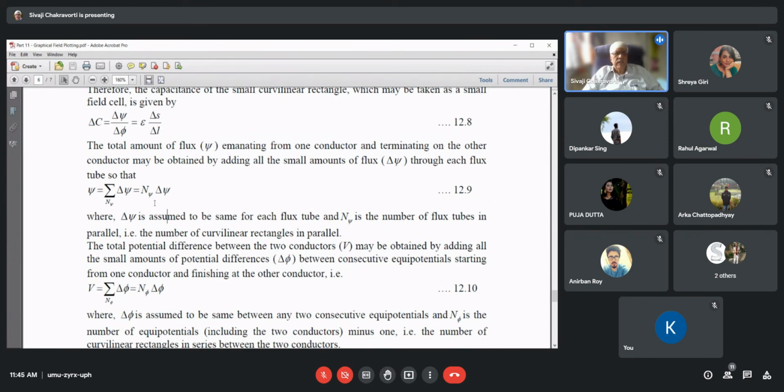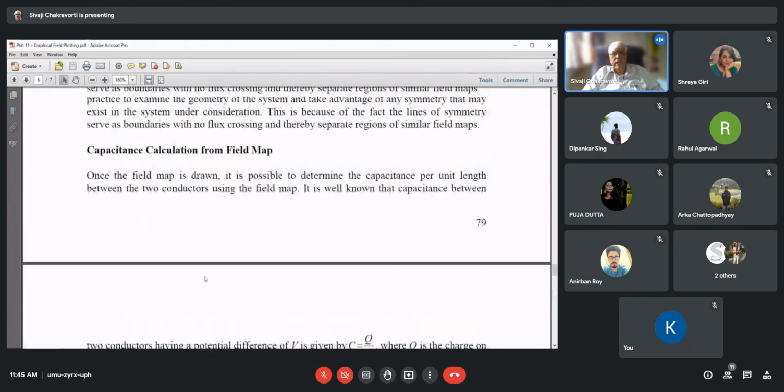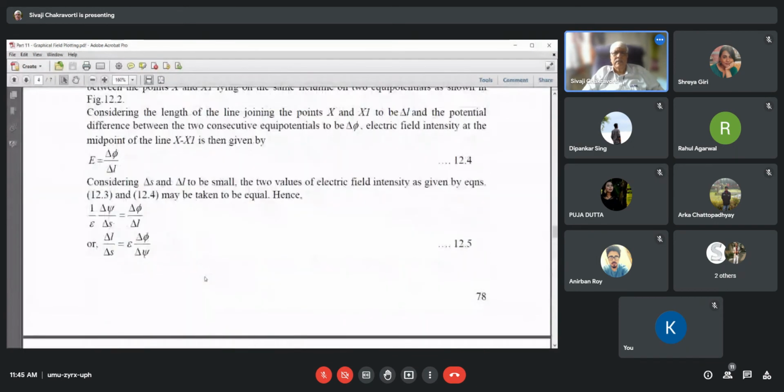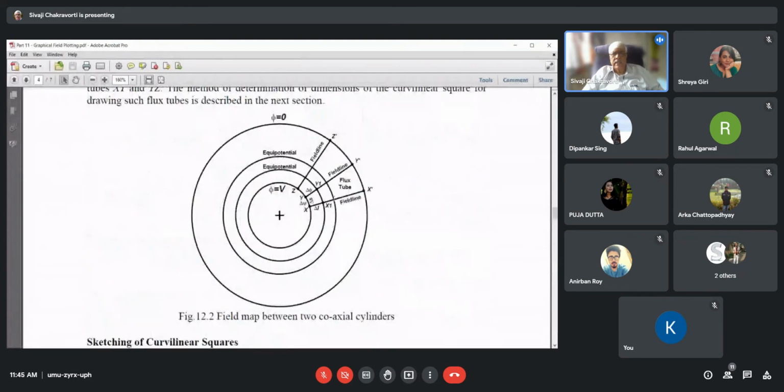Then how do I find the potential difference? Again, let me go back to this. Yeah, here. Now if you take the line x and x prime, the potential difference is V. But now I can do it in this way: the potential difference between x and x1 is del phi.